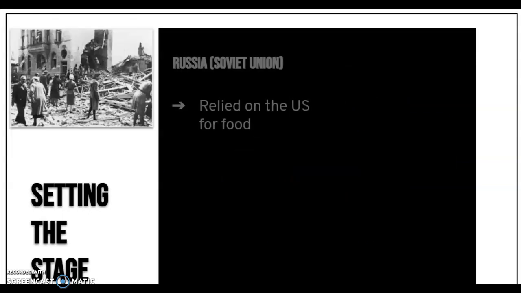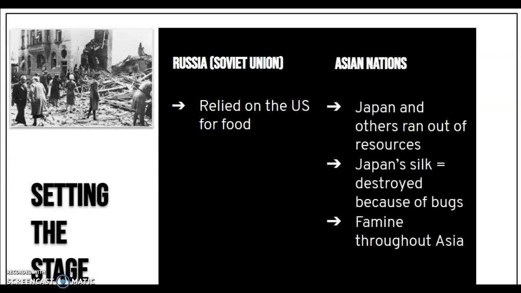Heading further east, over in Russia, also known as the Soviet Union, many of the people in Russia relied on the U.S. aid for food supplies. Heading further east, Japan, China, and other nations throughout Asia were experiencing a lack of resources and famine.